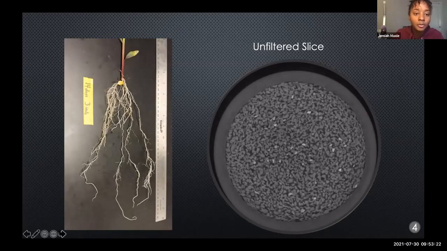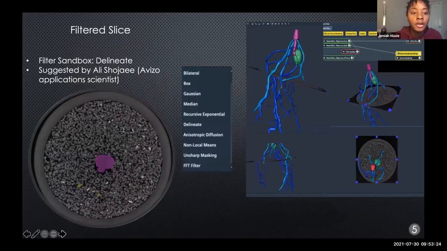So I was able to meet with Ali, who is an application scientist that works for Aviso, and he was able to help us get the most out of manual segmentation, since that was the route we chose to use. We could have done more advanced machine learning techniques, but because of time, we decided to go with manual segmentation. So he recommended using the filter sandbox tool, which you can see here.